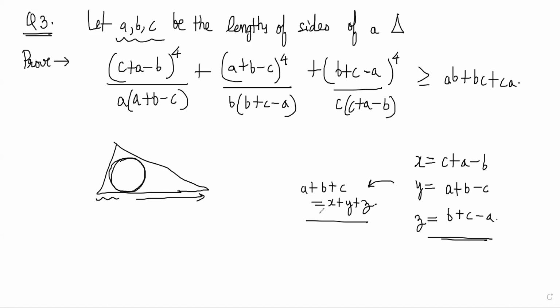So what this does for us is a becomes (x + y)/2, b becomes (y + z)/2, and c becomes (z + x)/2.